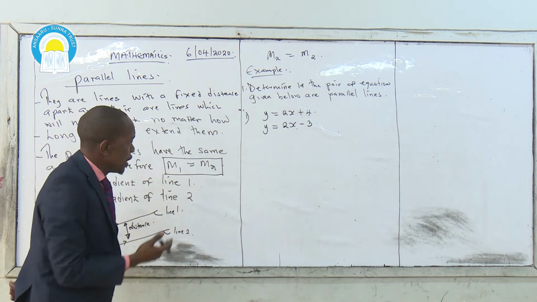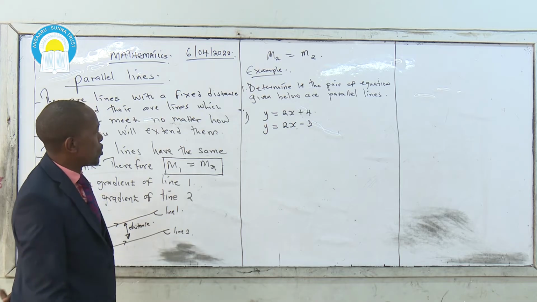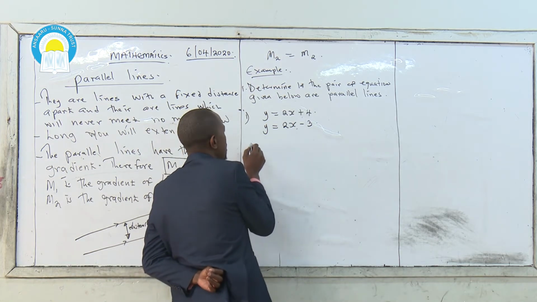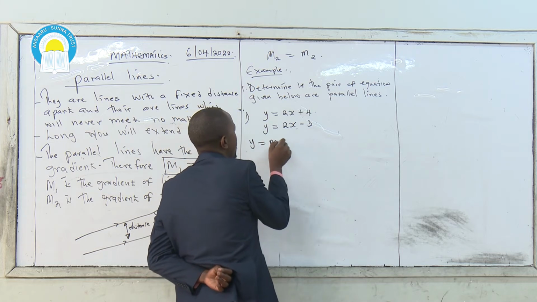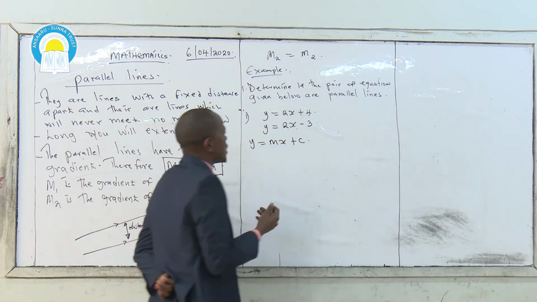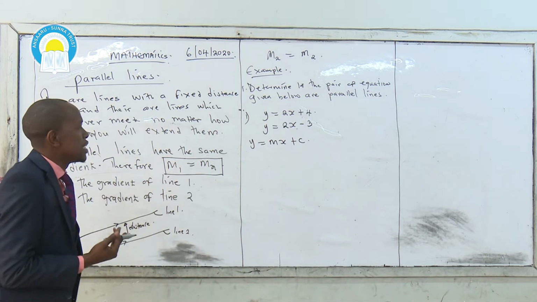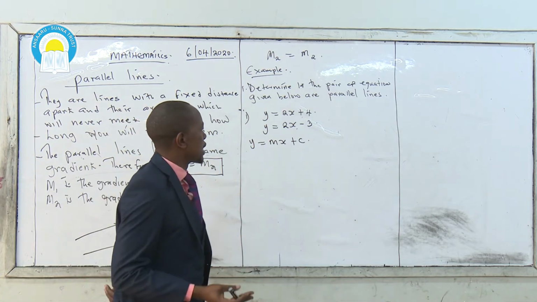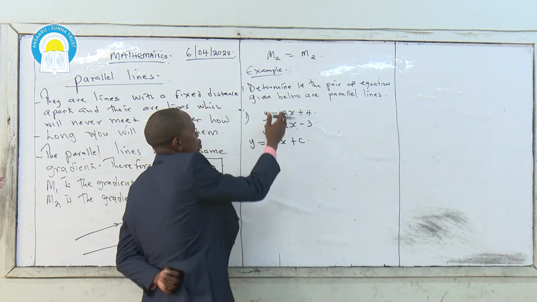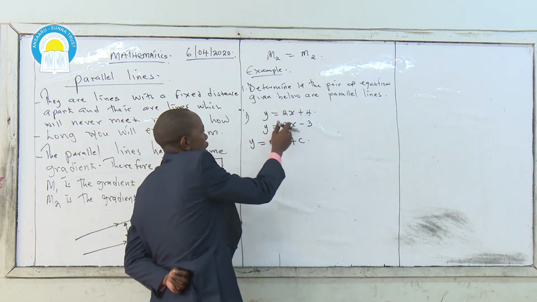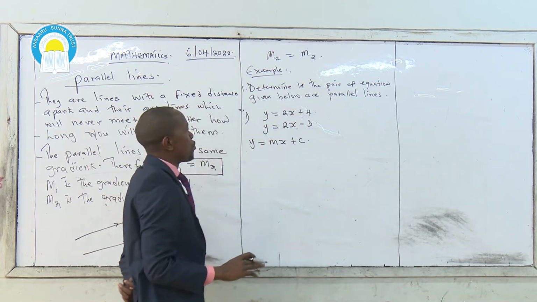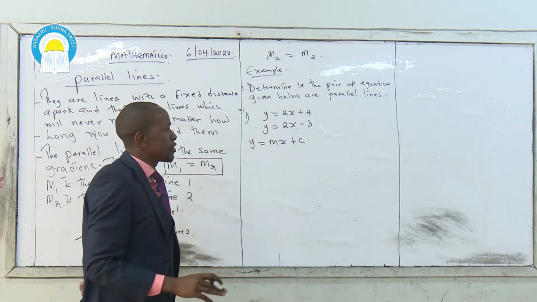Now, in this case, it's easy. We said ensure that the equations are in the form of y is equal to mx plus c, so that it is easy for you to highlight the gradients. You realize that the two equations given are written in the form y is equal to mx plus c.